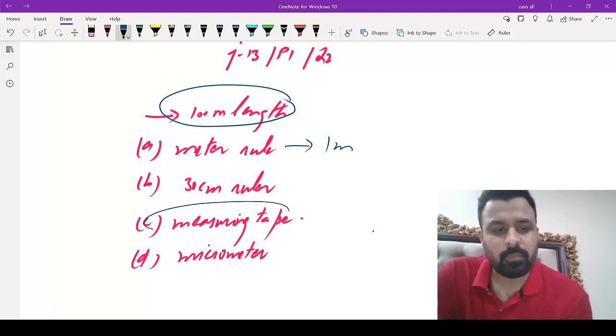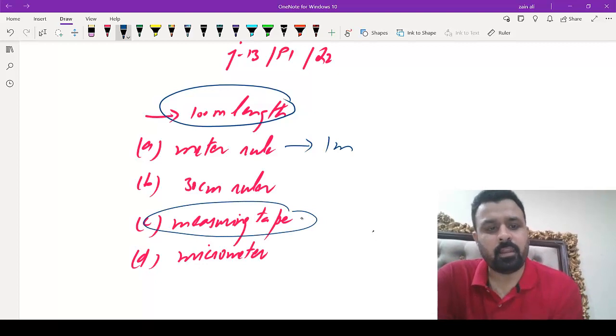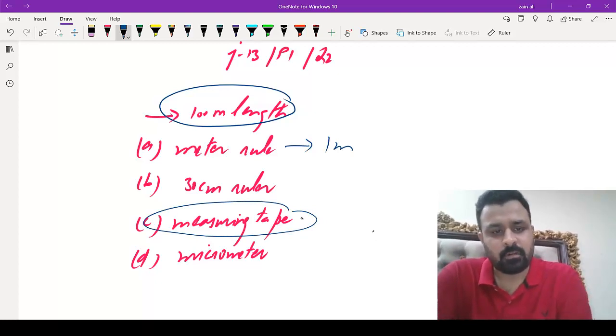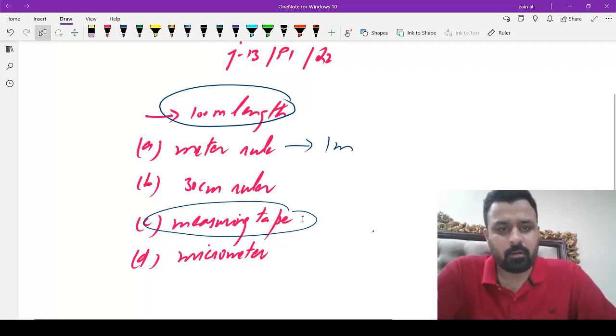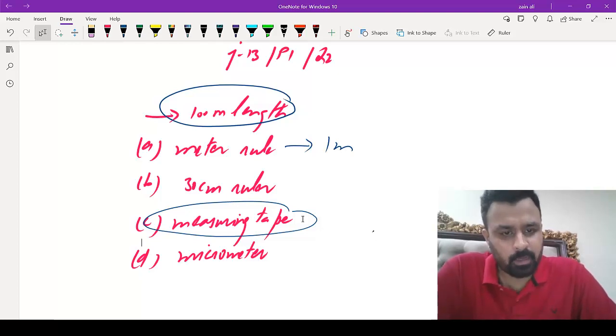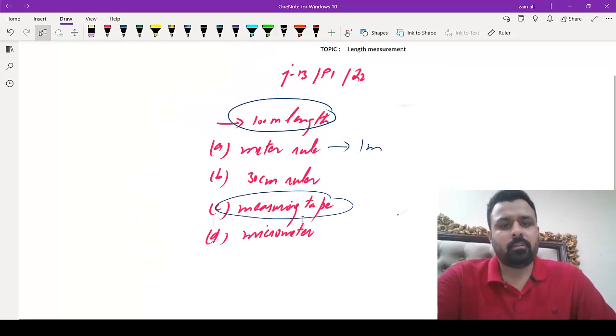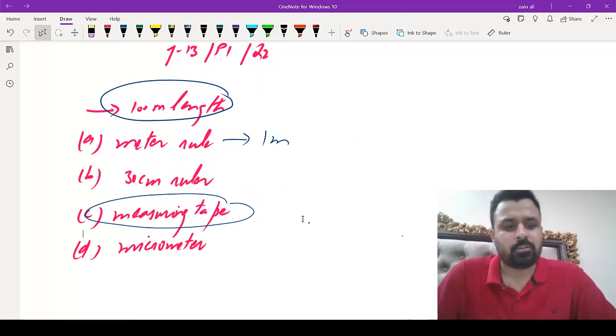So the instrument preferred for measuring a 100-meter length is the measuring tape. As I mentioned in today's lecture, it can measure up to 100 meters, which is its maximum limit.